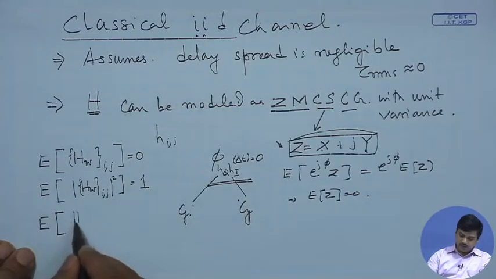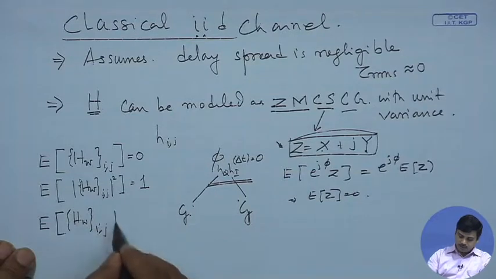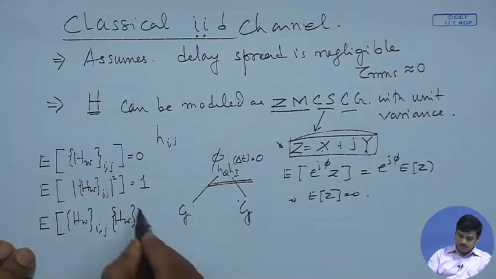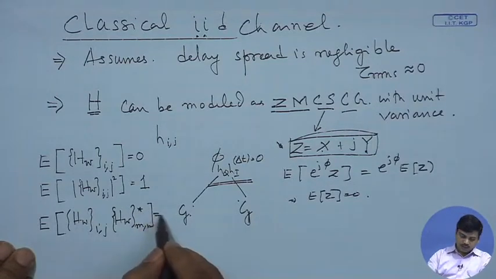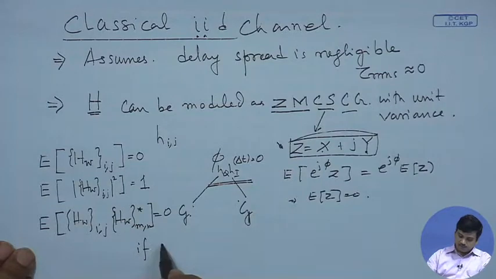So, what we have is h_w(i,j) times h_w(m,n) conjugate, if you take this product, is equal to 0 if i is not equal to m and j is not equal to n.